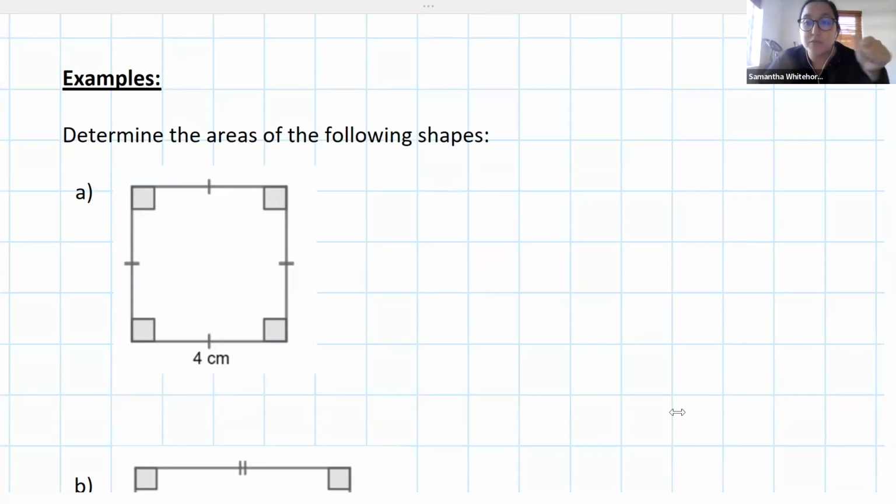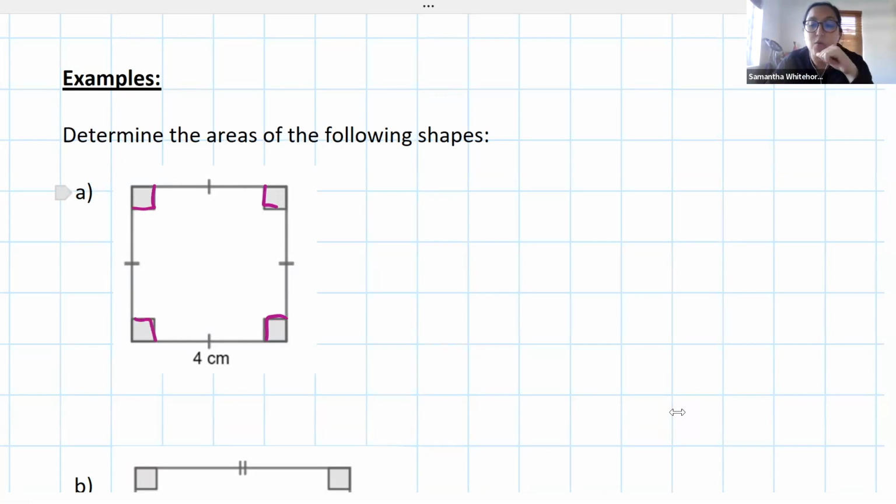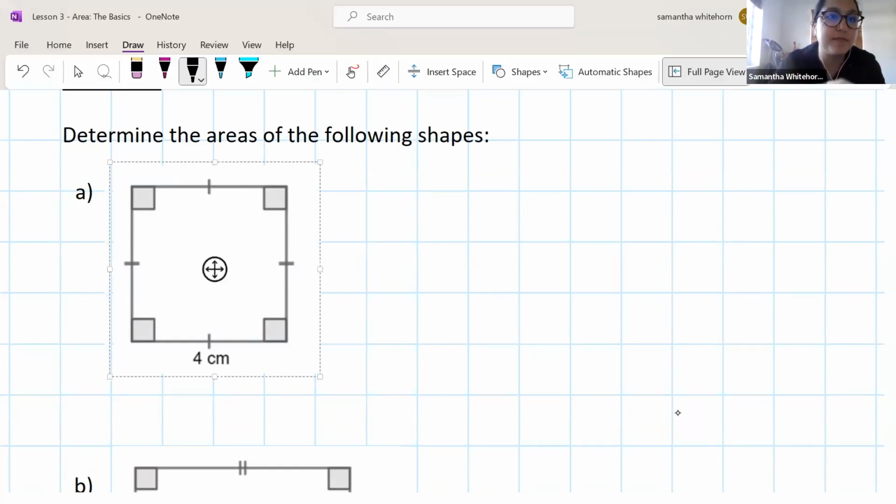I agree that all four sides are equal, but remember that could be a rhombus. So not only are all four sides equal, we also have these 90-degree angles at all of my vertices, or at all of my corners. So the fact that all interior angles are 90 and the fact that all four sides are equal, we know it's a square. Okay, I'm just testing how much we remember from our quad section.